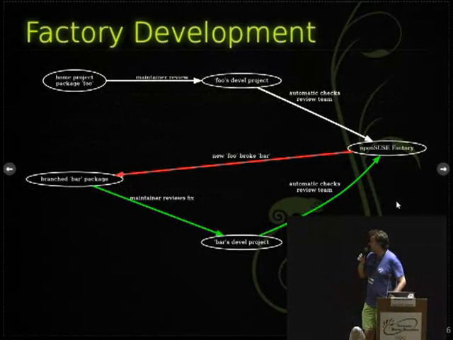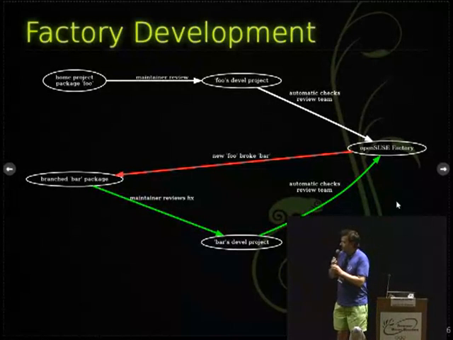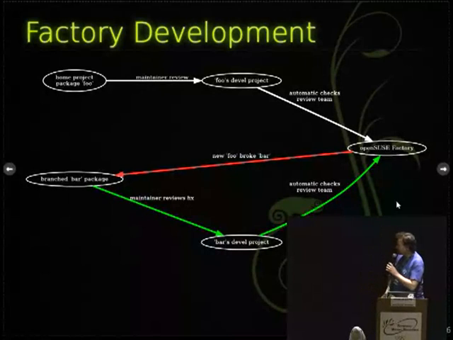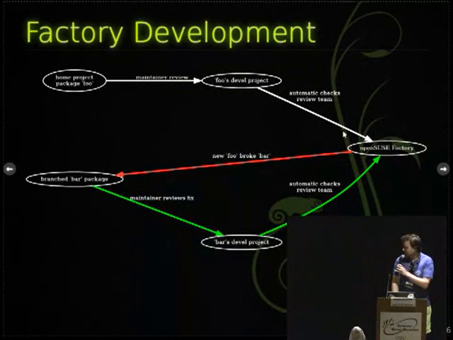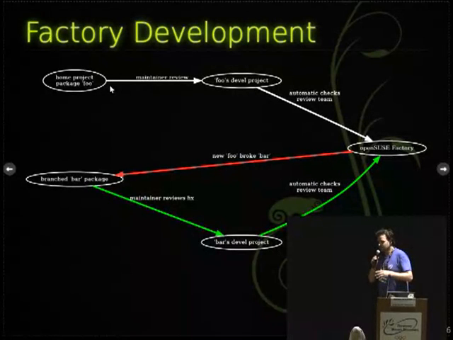Now, how does this development process work? Let's say that we've got package foo and there is a new version or new feature that we want to push. So you will create your home project which will contain the package foo and you will do your changes there. You will test it, try to use it, see whether it works, and then you need to push it to some develop project.